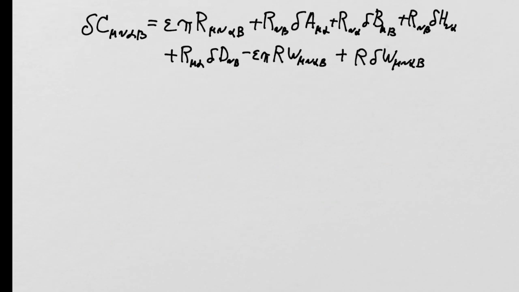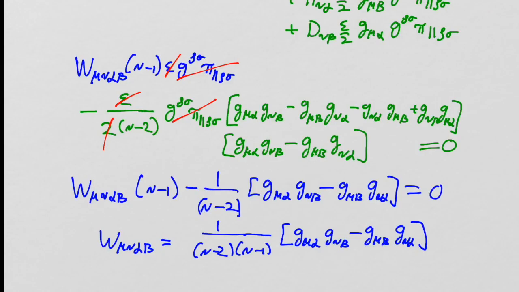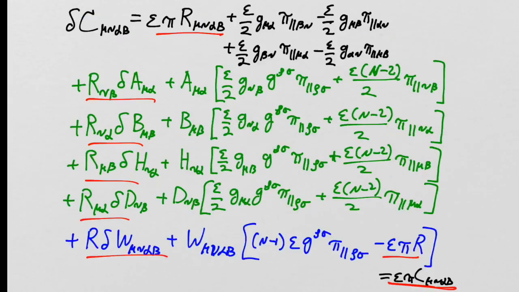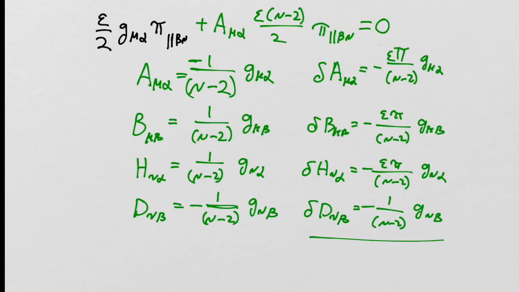So this is that expression, right? The variation in the 0,4 version of the Weyl tensor has to be this term plus these terms that include the variation of those coefficients minus this term involving the 0,4 tensor W and the variation of the 0,4 tensor W. So that all comes back from, here's the R times the variation of the 0,4 tensor W. Here's the 0,4 tensor W minus E pi R, right?